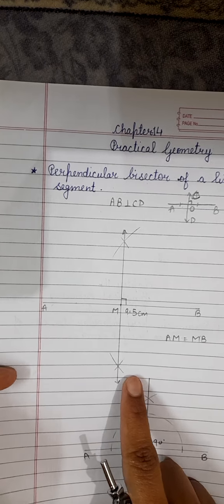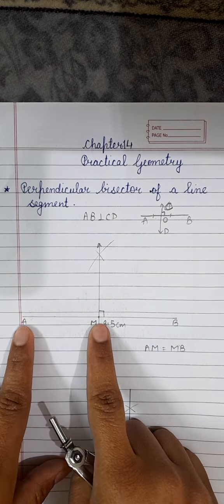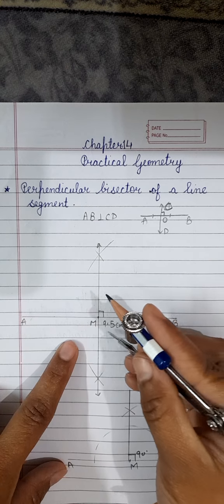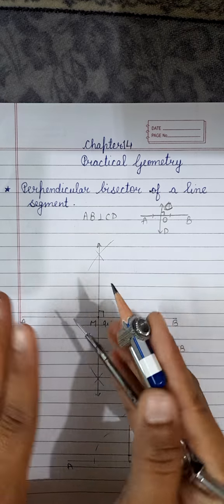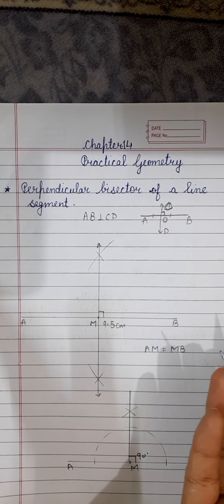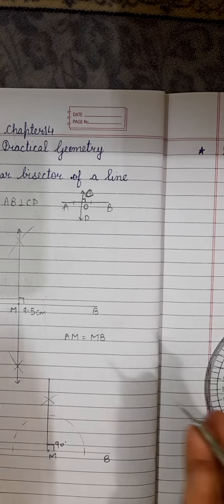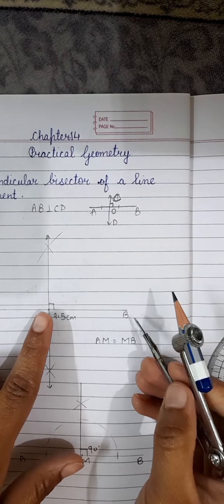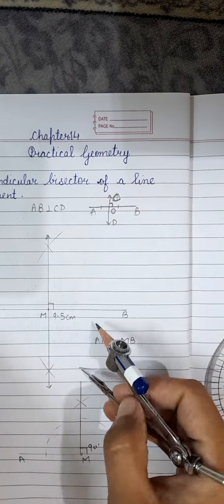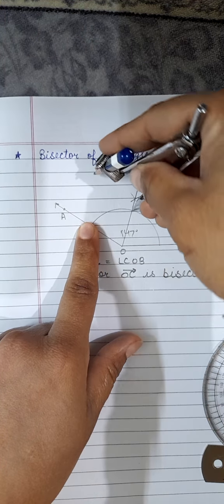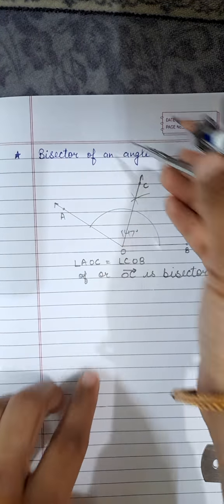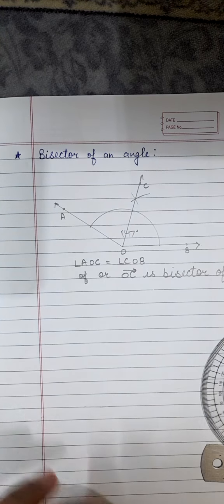One is of a line segment. You can divide it into halves by putting arcs here and here. That is your wish, more and more equal parts you can make of any line segment, but the method will remain the same: the 2 end points and then 2 arcs. In the same way, you can make 2 equal parts of an angle by putting these arcs, and then you can make 4 equal parts.